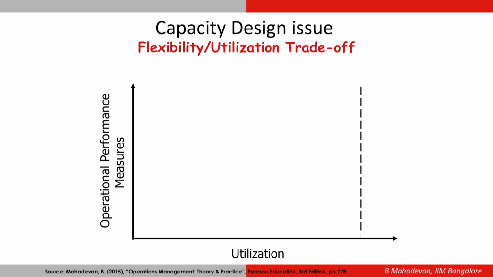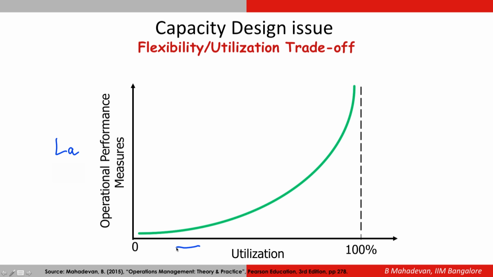Let us say we are interested in some operational performance measure. It can be the queue length. Let us put it on the y-axis. And we want to know what will happen if the utilization increases. So as this curve is showing, essentially what it says is, as we are at the lower end of this utilization trade-off, what it means is utilization obviously is very low, the service quality is good, and the cost is high because we are not really utilizing resources very well.